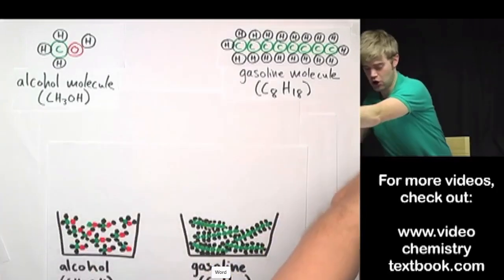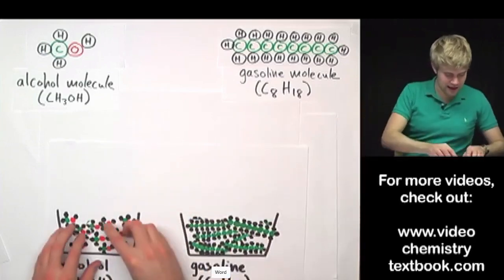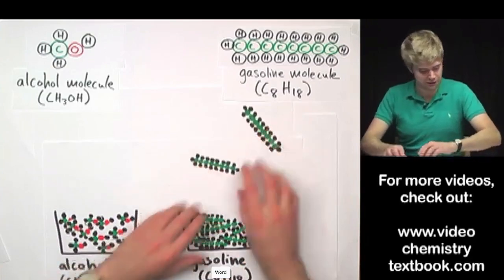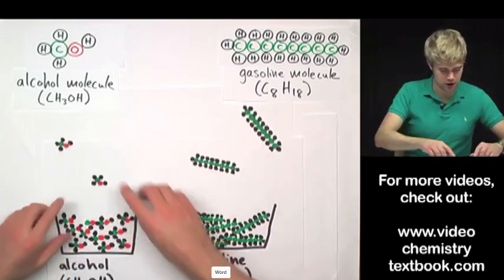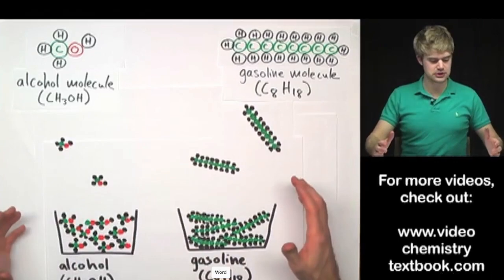On the other hand, the right way to think about this is that both the alcohol and the gasoline molecules just nicely lift out of the liquid when they turn from liquid to gas. So those molecules stay intact. They just separate from one another. That's it. No breaking apart.